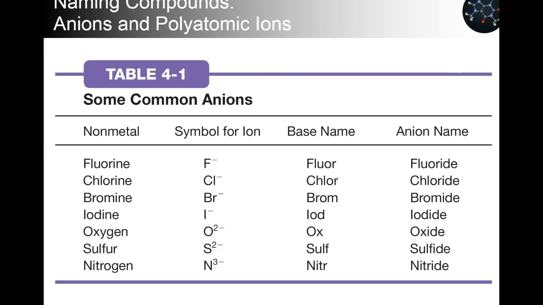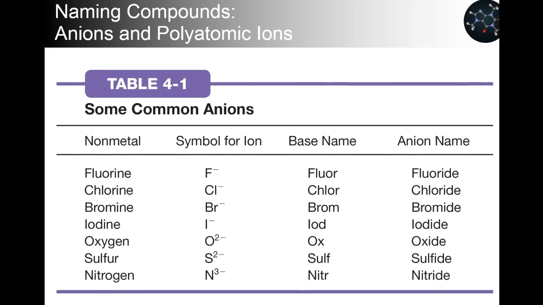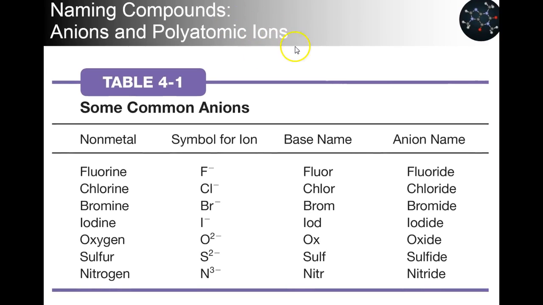Okay, now I have given you sheets, so those of you online, these are the sheets. It says an ion list, and they're kind of gray and white striped, and they've got monoatomic ions on one side and polyatomic ions on the other side. This is table 4.1 from your textbook, and these are some of the common anions or negative ions we're going to deal with.